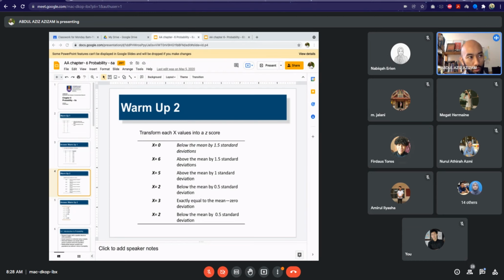X equal to 0 is below the mean, negative 1.5.